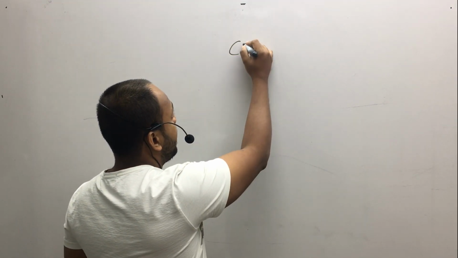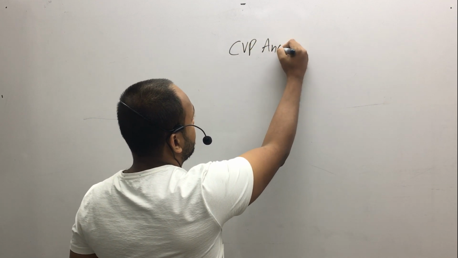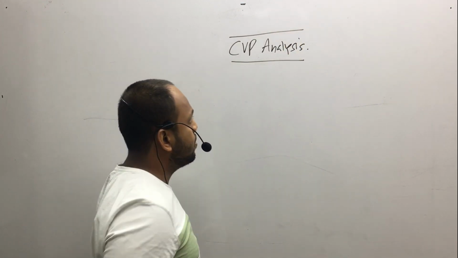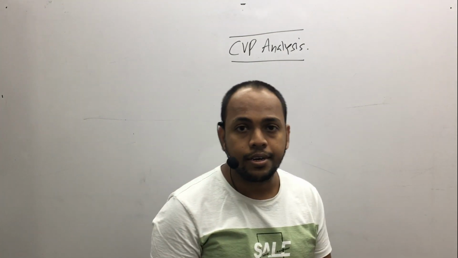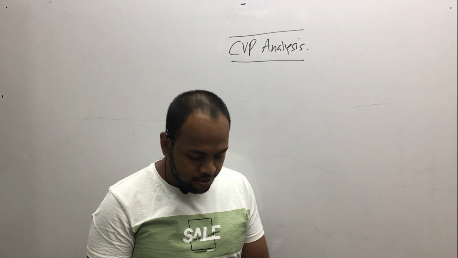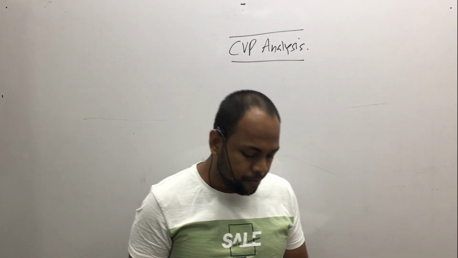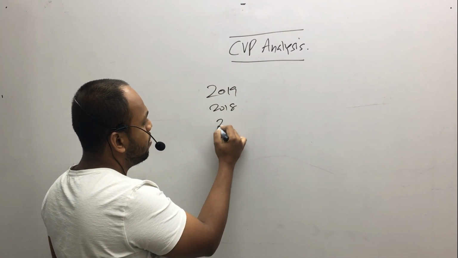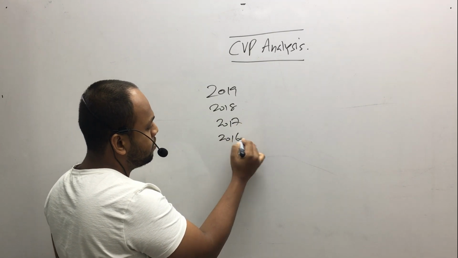Today we are going to discuss another very important chapter. It's CVP analysis. You will get around 10 marks for this. If you analyze the past papers, every year we have a question from this chapter.